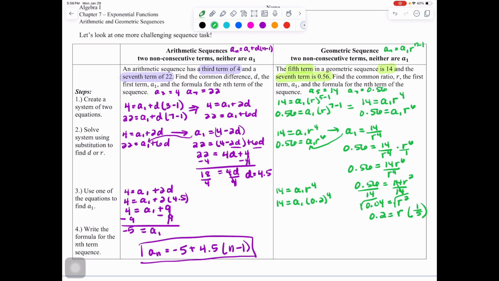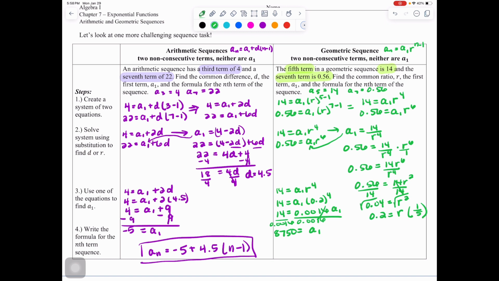When I find out what 0.2 to the fourth power is, I get 14 equals 0.0016 times a sub 1, which means I have to divide both sides by 0.0016 in order to get a sub 1 alone, and a sub 1 ends up being 8,750.